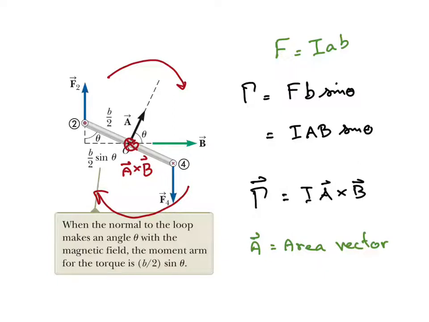So the direction of the torque is the direction of the forefinger, the direction in which the torque tries to rotate the whole loop.